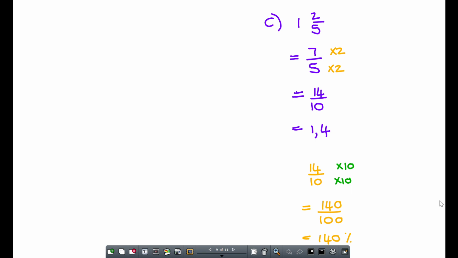Right, there's C. You will see at C, I first made it an improper fraction, and then I changed my denominator to a 10. Any questions at C? Hands up if you're still copying. Okay.